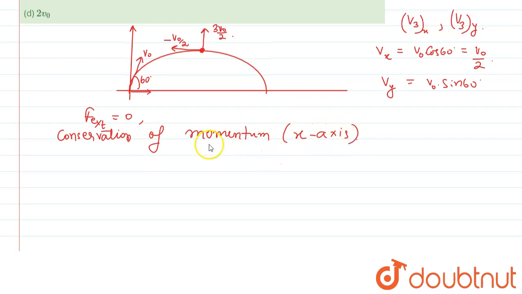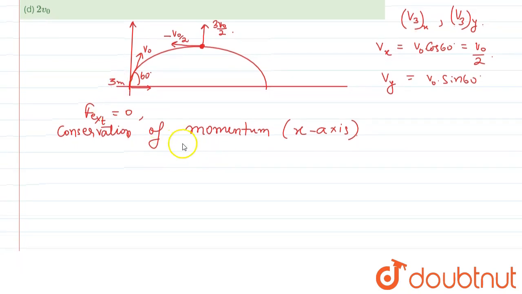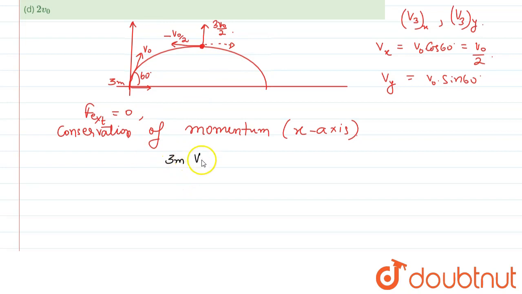Assuming that the particle which is fired has mass 3m, the initial momentum of this particle at the highest point, since the particle has the x component velocity, is 3m into v0 by 2, and this will be equal to the final momentum of all the particles.